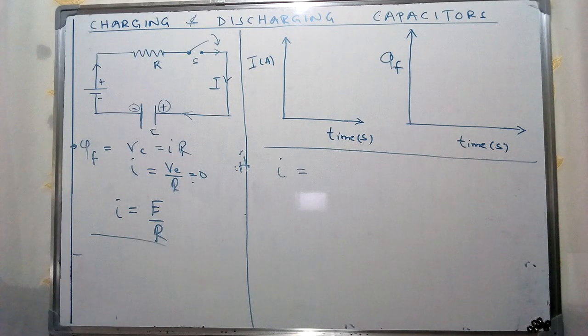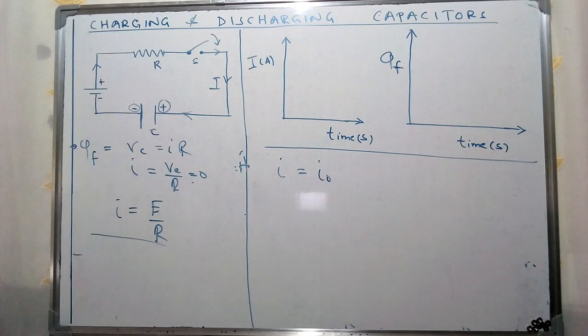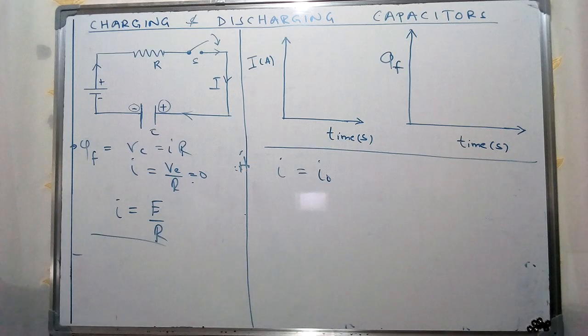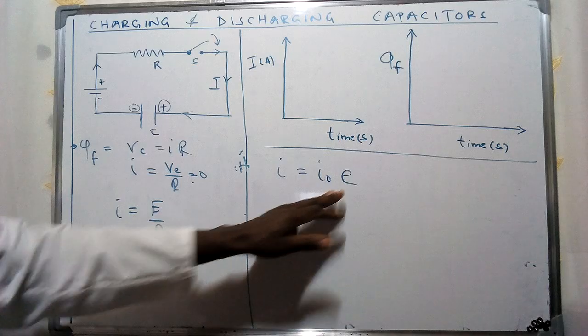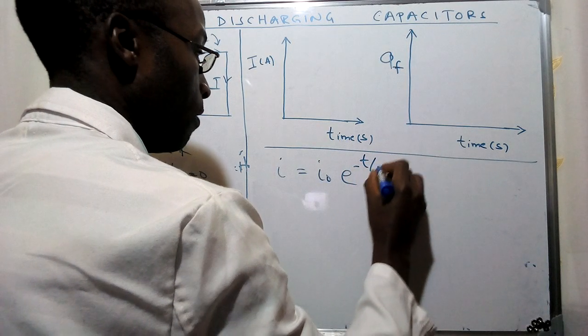We can represent it in terms of I naught, whereby I naught is the current at the instant when the switch is closed. And then we're going to have this specific E. We have defined Euler's number from our previous discussion, so we have it that way, with the exponent being minus T over RC.